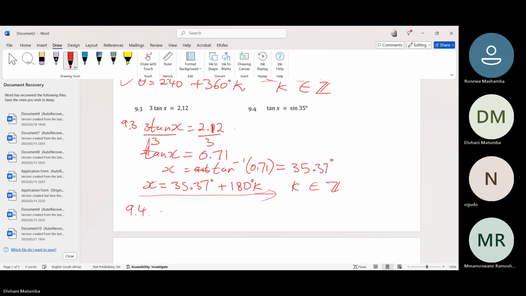Okay, 9.4. Tan of x equals sine of 35 degrees. How do we go about this one?